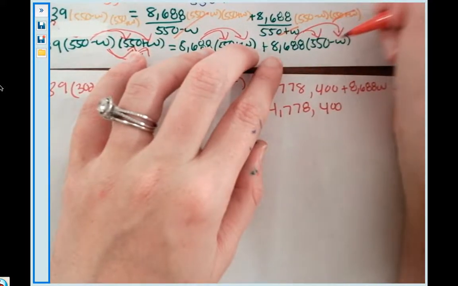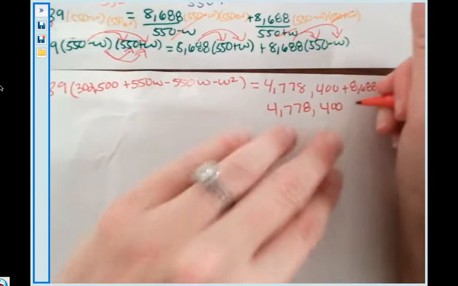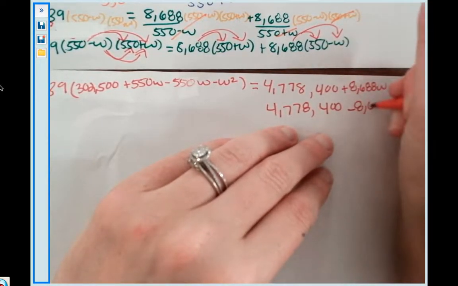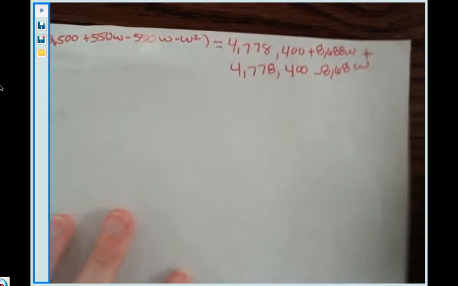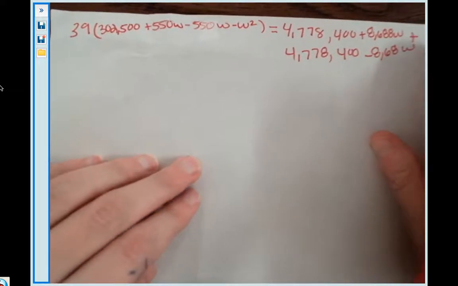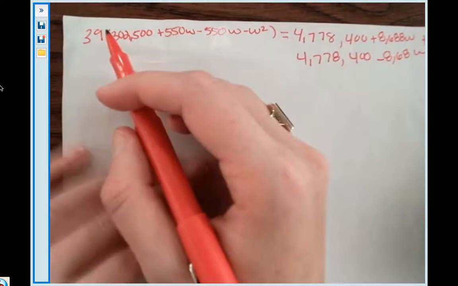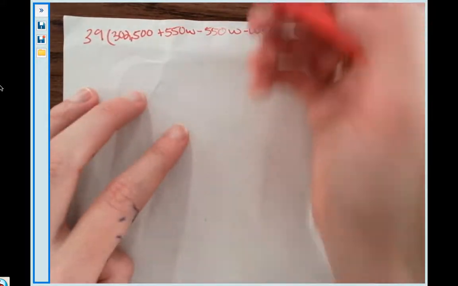And then 8,688 times negative W would give me a negative 8,688W. Okay, now let's keep going. I'm going to move that problem out of the way because it's getting in my way. So now I get to distribute 39 to all this lovely stuff.